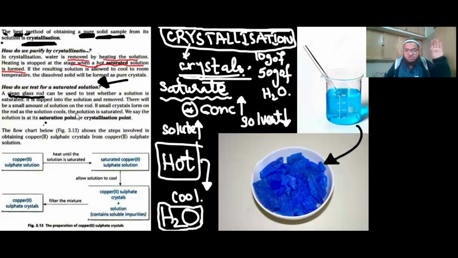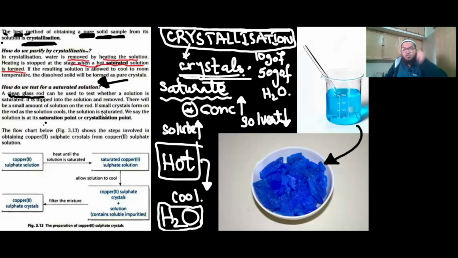And you know what a saturated solution is: a solution that can no longer dissolve more solid. A clean glass rod is dipped into the solution and then removed. The small amount of solution on the rod cools down, and on the tip of the glass rod you will see small crystals appearing.